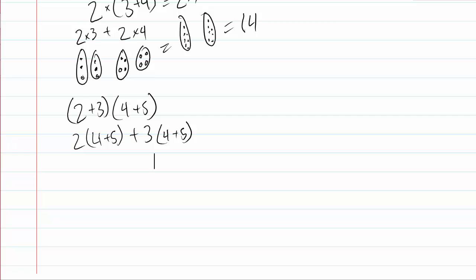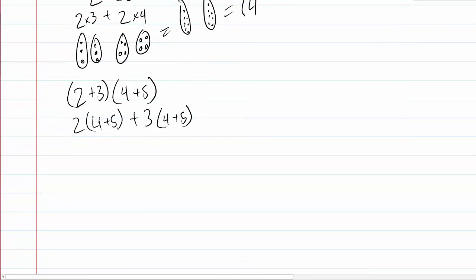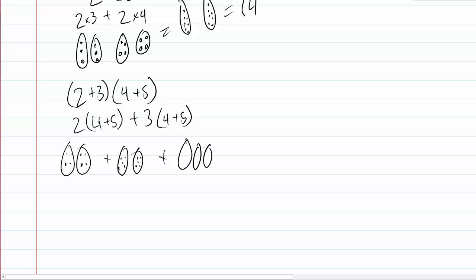And then we can apply the same idea that we had up here and show our 2 groups of 4 plus 2 groups of 5 plus 3 groups of 4 plus 3 groups of 5.